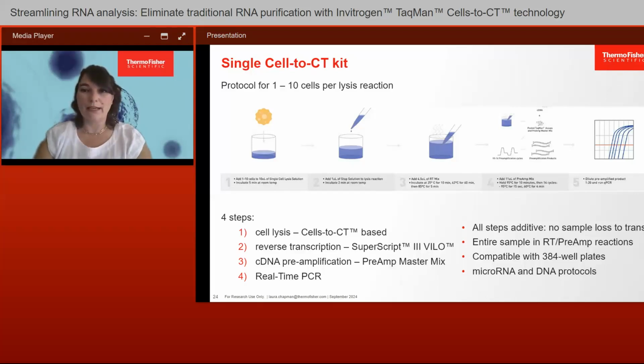So your entire lysate gets the RT added, so all of that gets reverse transcribed, and then your preamp is added on top of that, so your entire sample goes into the preamp reactions. We've also shown that it's compatible with 384 well plates and not just 96 well plates. And there are microRNA as well as DNA protocols for single cell kits.